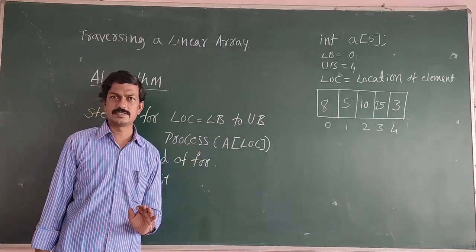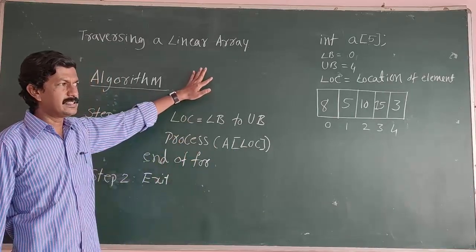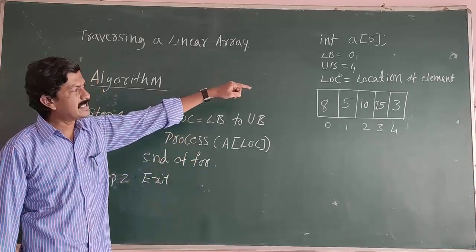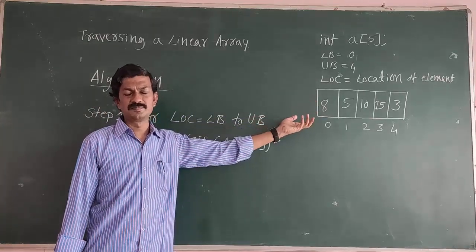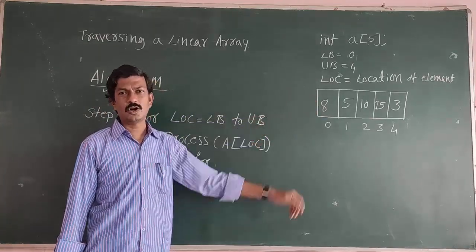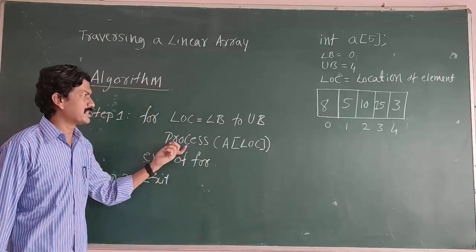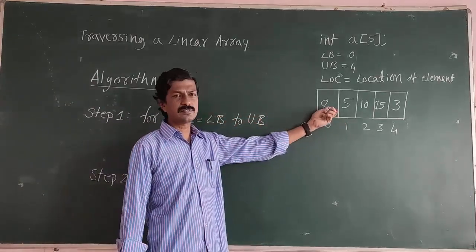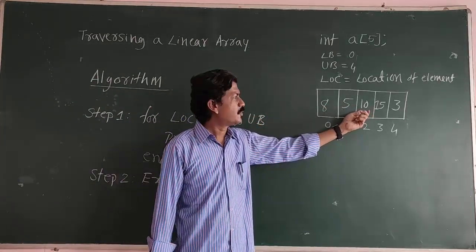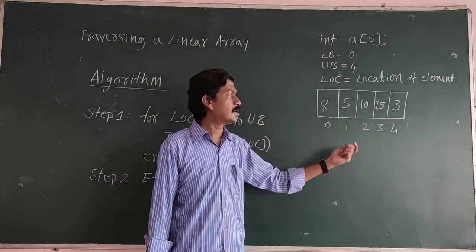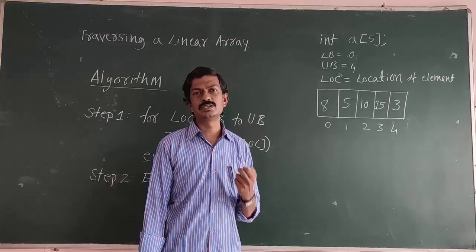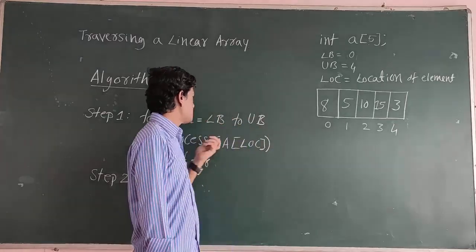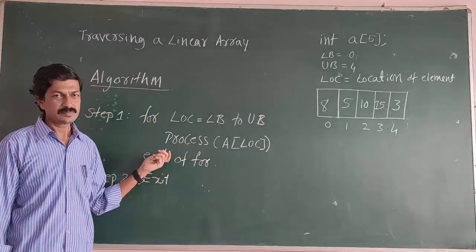We already discussed that traversing is an operation in which we visit each and every node of a data structure exactly once for performing a certain operation. It is nothing but processing. I may access elements of this array for searching, sorting, or accessing a particular element to perform addition, subtraction, or multiplication. That could be any process.